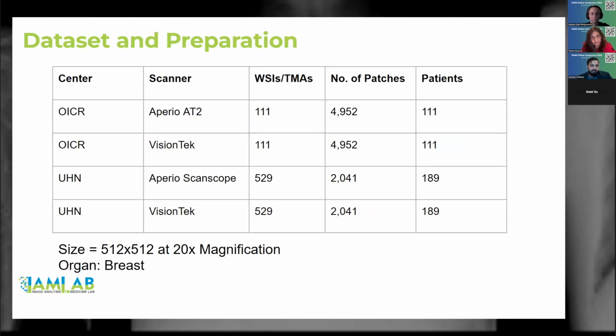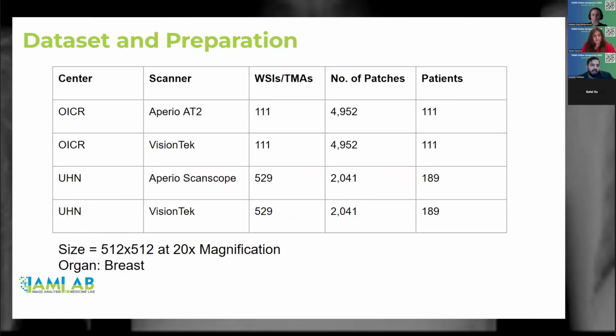In our dataset, we have data available from two different centers. One is OICR, the Ontario Institute of Cancer Research, and the other is University Health Network in Toronto. The OICR slides were scanned with their in-house scanner, the Aperio 82.